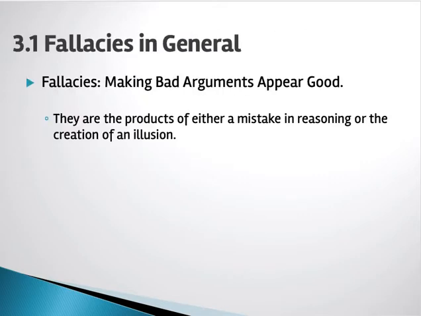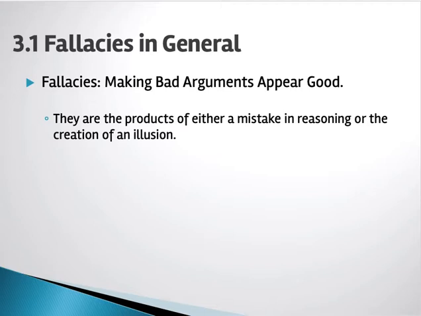So let's talk about fallacies in general. What are fallacies? Fallacies are basically bad arguments that appear to be good. There's something persuasive about them, but ultimately an argument is supposed to provide evidence for a conclusion.